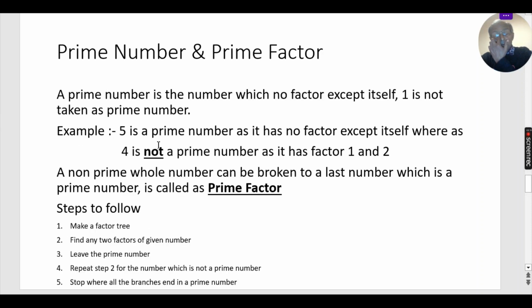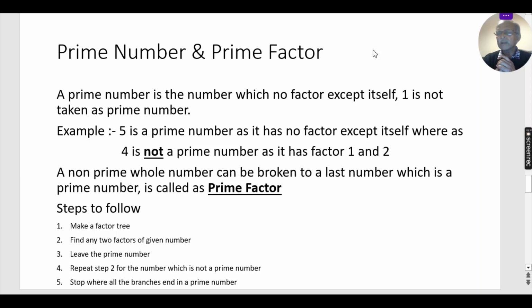So what is a prime number? A prime number, we can say, is that number which has no factor, or it cannot be factorized. Or in other words, a prime number is a number which has no factor except itself.